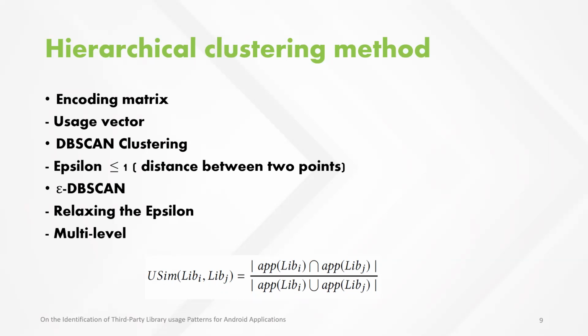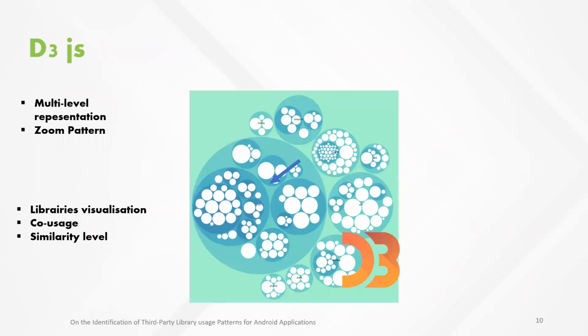All libraries that have no consistent usage for the client apps are isolated and considered as noisy data. We use the following USIM formula to compute the distance between 2 points. For visualization, we use D2GS. Thus, we make a multi-level representation of patterns of libraries. With D2GS, we can zoom the levels and determine the similarity level depending on the number of layers.